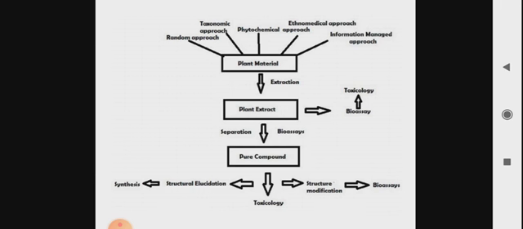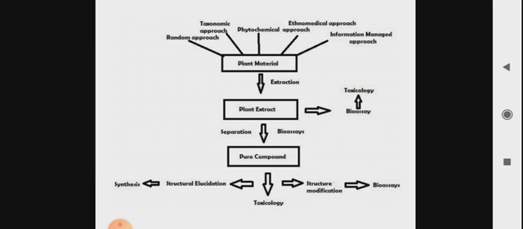Then we can get different plant extracts. These plant extracts are used for the isolation of phytoconstituents, isolation of pure compounds. Then these pure constituents are used for pharmacological study, means bioassay, where biological activity can be screened using animal models, which is called preclinical study.